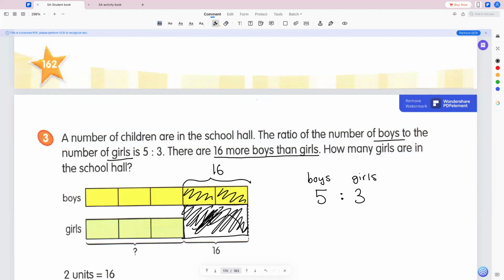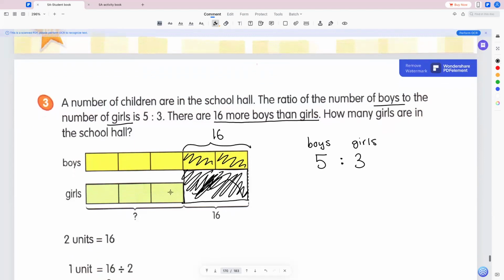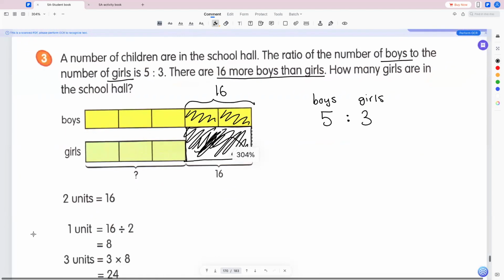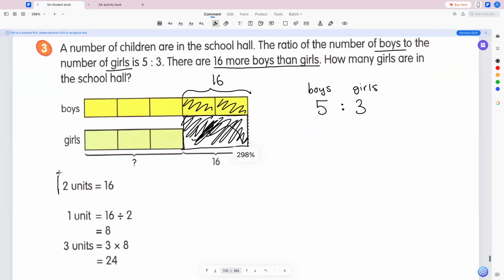Well, before getting to that, notice how it's all conveniently in units. So if you remember last week, if we find the value of 1 unit, we can find out using our ratio, whatever it is that the question is asking us. So if we know that 2 units is equal to 16, right? We can see that over here.